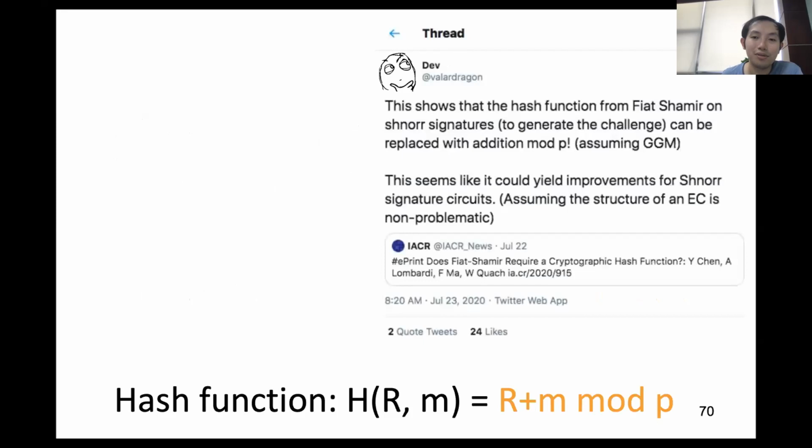After our paper initially appeared on ePrint, which is more than a year ago, it interested some researchers, and some of them asked: this looks really weird, but because it yields a significant improvement for Schnorr signature circuits, it's really simple, can we use this right away?